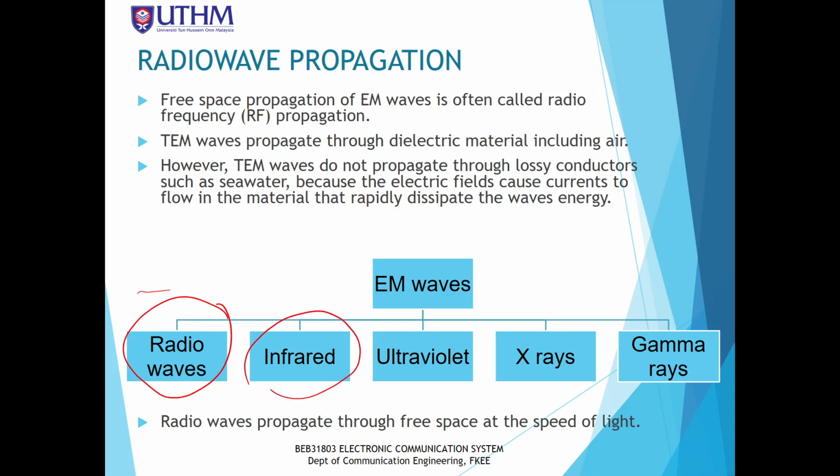And then infrared, ultraviolet, X-rays, gamma rays. We don't really use these for communication. Ultraviolet, X-rays, and infrared, we use for the higher frequency. Infrared is for short distance.